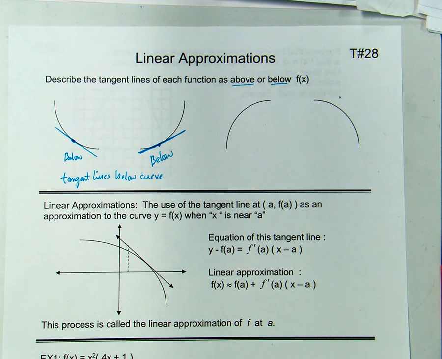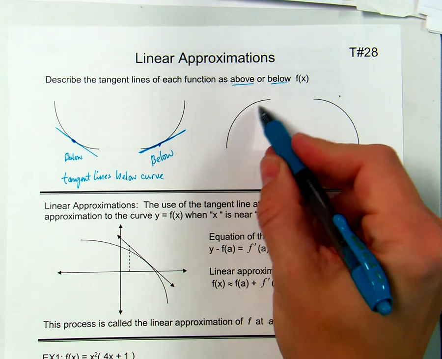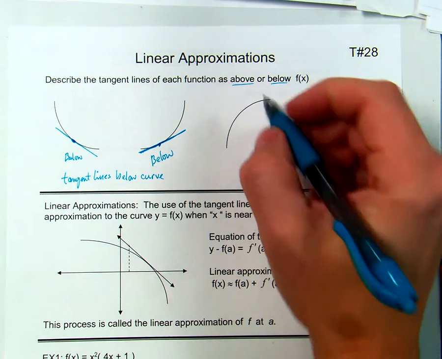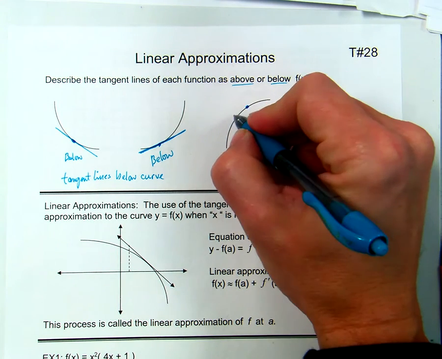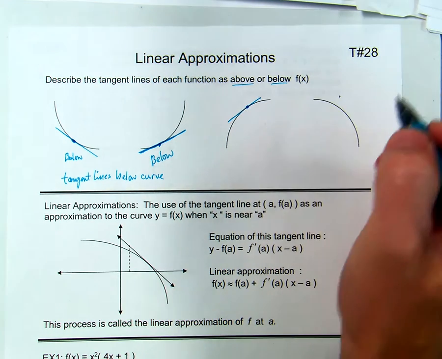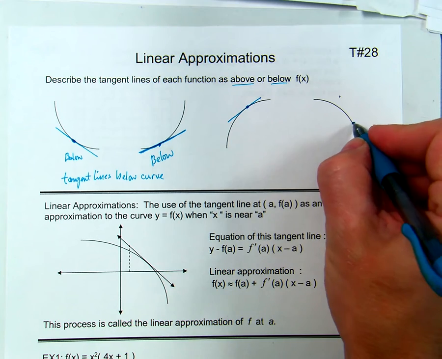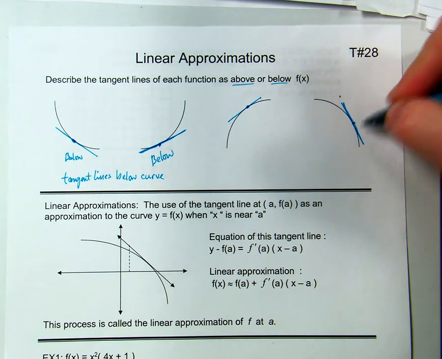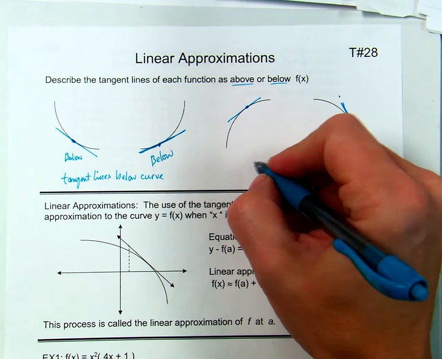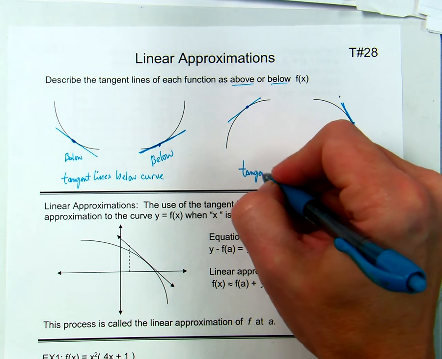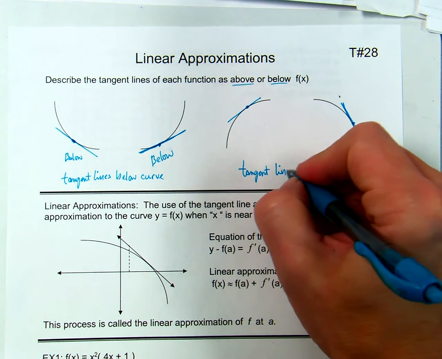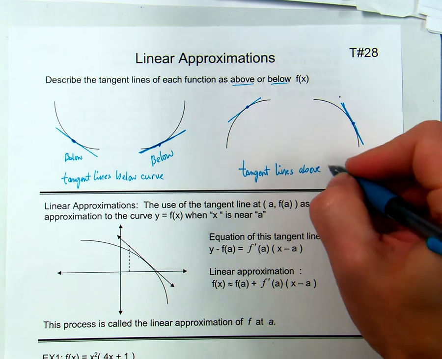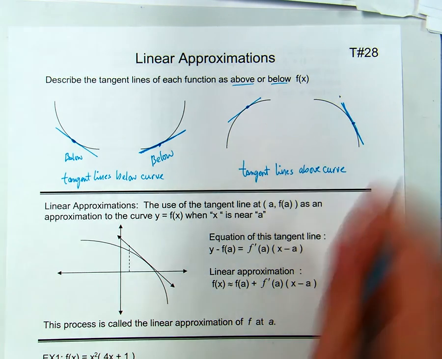On the next one, this is going to be where the function's concave down. This would be concave up, but in a concave down situation, if I drew a tangent line going across there, or let's say I had a tangent line I'm drawing going across there, either way, again, the tangent line or lines are above the curve.